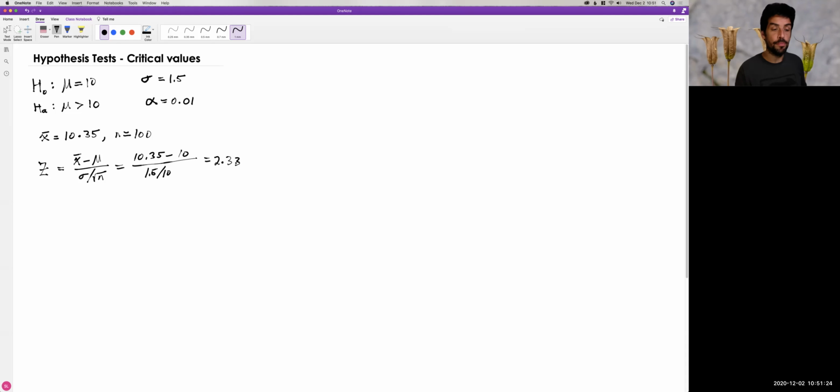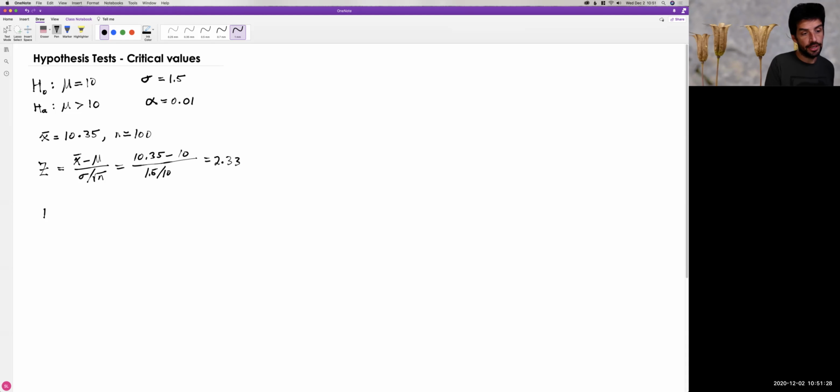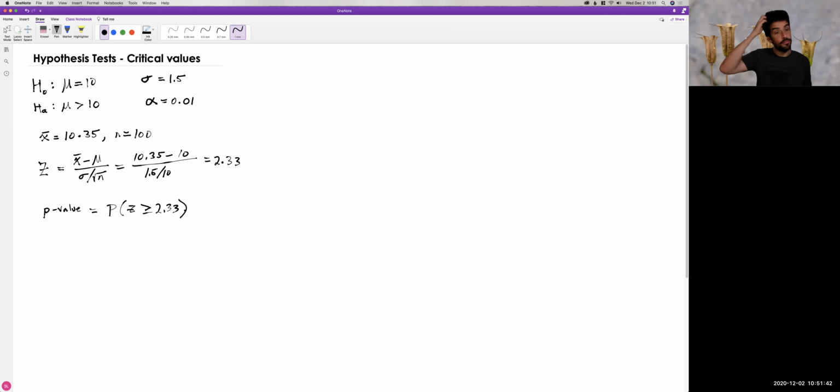And then we can compute the p-value by computing the probability. So our p-value is going to be equal to the probability of having a z-score greater than or equal to this, under the assumption of the null hypothesis.